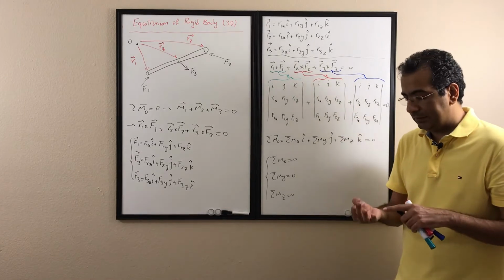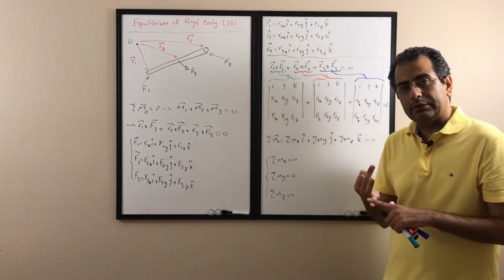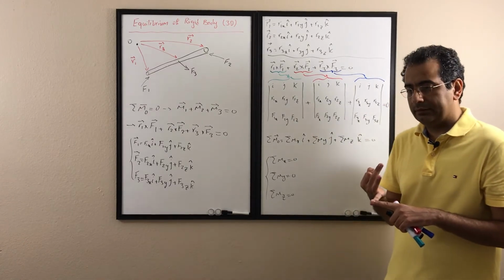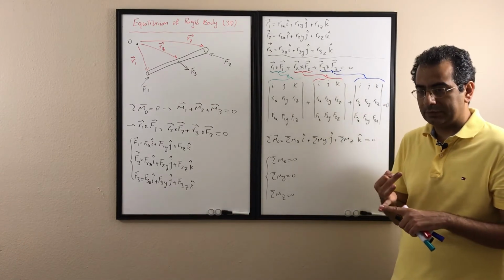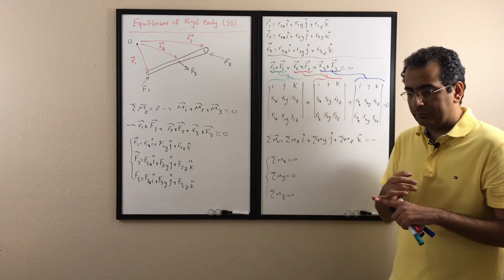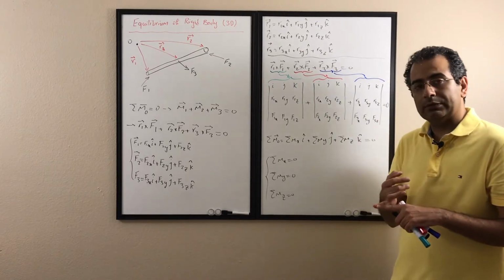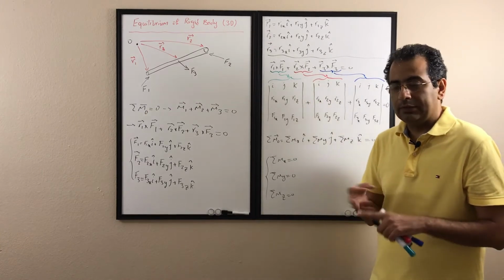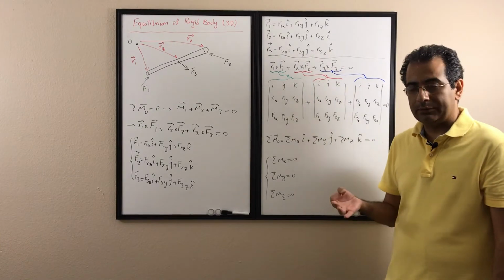So we have 3 equations: sigma F along x should be 0. So sigma Fx is 0. All the force along the x should cancel each other. All the force along the y should cancel each other. All the force along the z. So sigma Fx, sigma Fy, and sigma Fz is 0.